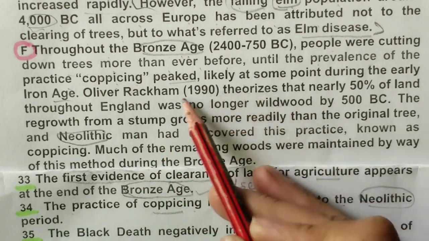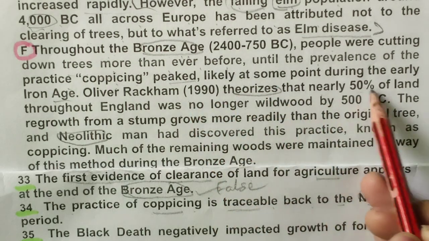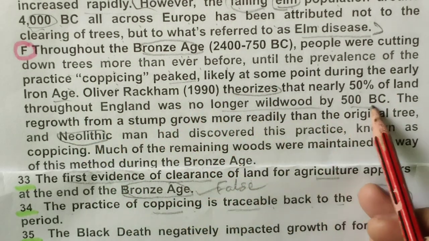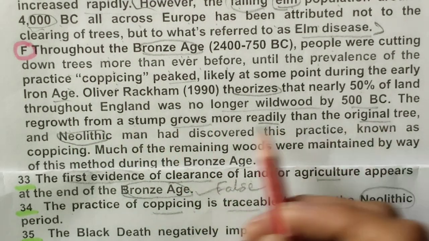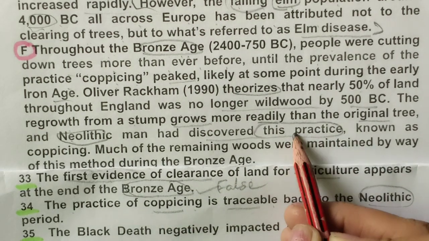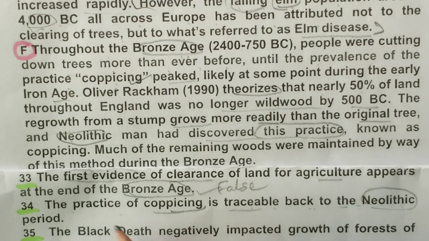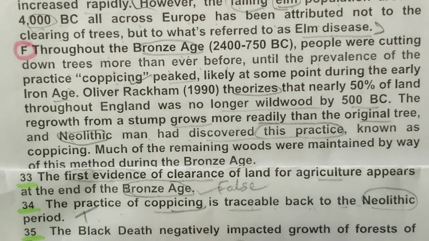Oliver Rackham theorized that nearly 50% of land throughout England was no longer wildwood by 500 BC. Regrowth from a stump comes more readily than from the original tree, and Neolithic men had discovered this practice. Which practice? This practice. The practice of coppicing is traceable back to the Neolithic period. So we can just mark it true.